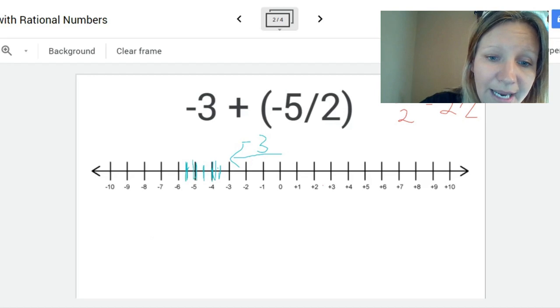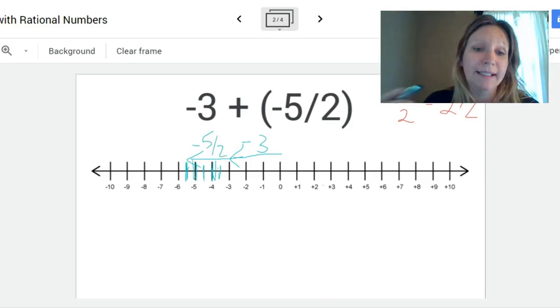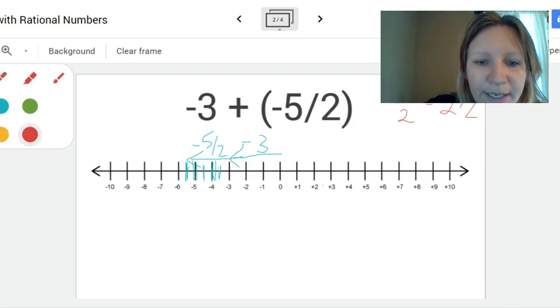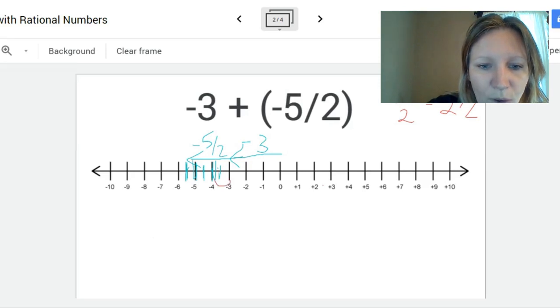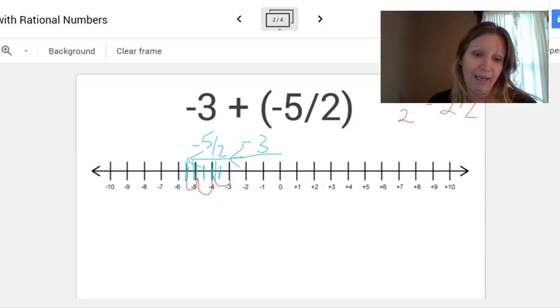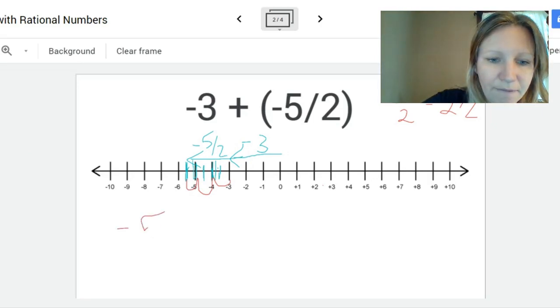This is -5 halves, so I'm going left 5 halves. Let's take a look at that just to convince you that that really is 2.5 spaces that we moved. We were at -3 and we went left 1 whole space, left 2 whole spaces, and half of another, which put us at a number between -5 and -6. That's going to be -5 and 1/2.